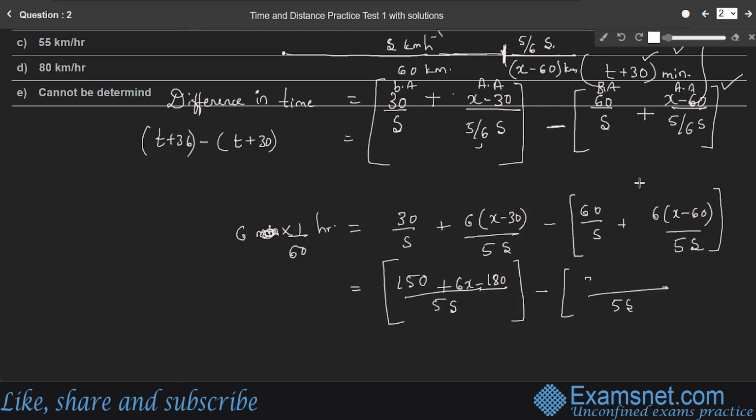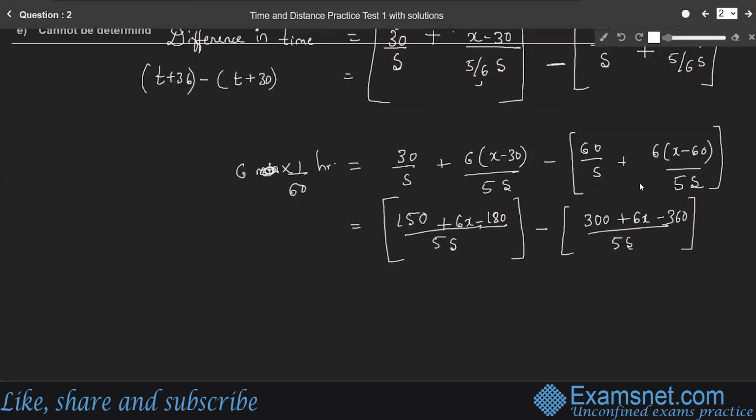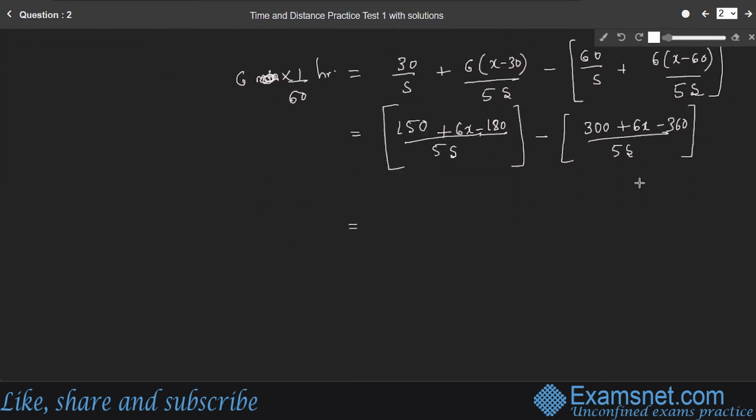So 60 into 5 is 300, plus 6x minus 360. Here in the first part, minus 30 plus 6x by 5s, minus, here inside the bracket it becomes minus 60 plus 6x by 5s.